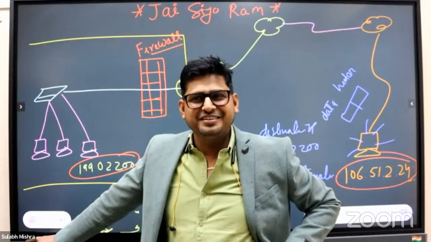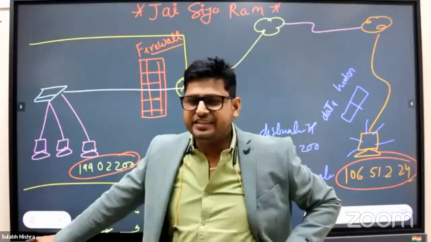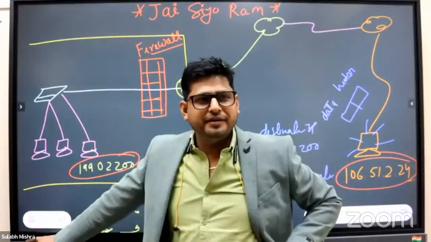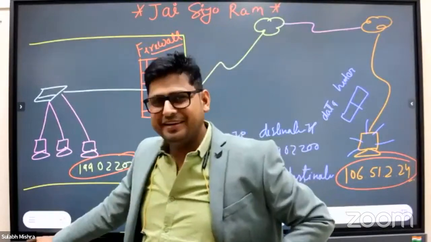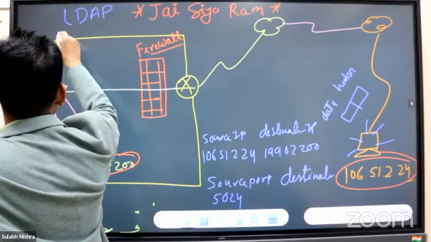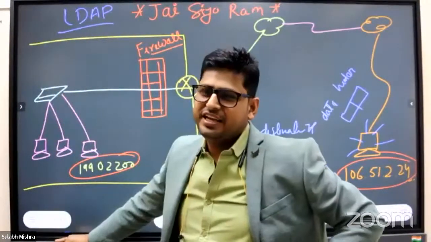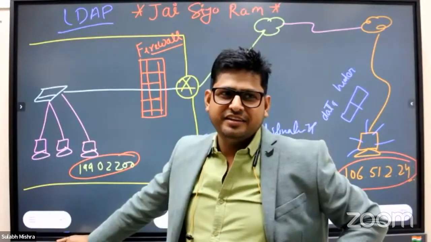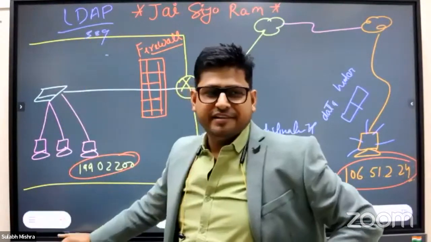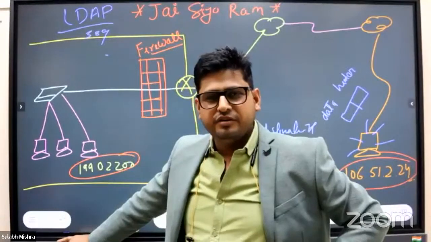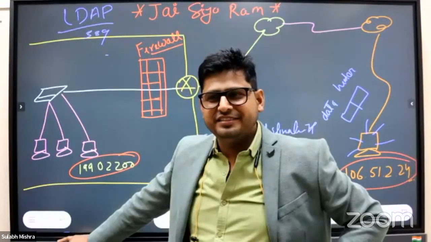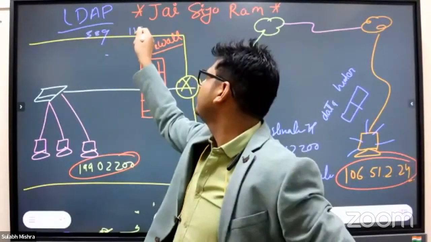Kerberos is 88. LDAP port number is 389. POP3 is 110.